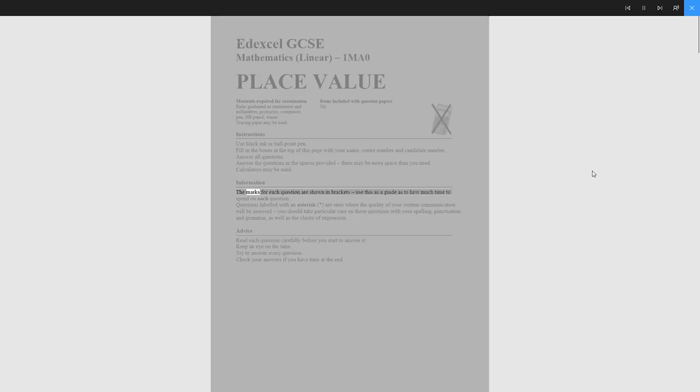Information: the marks for each question are shown in brackets. Use this as a guide as to how much time to spend on each question. Questions labelled with an asterisk are ones where the quality of your written communication will be assessed.